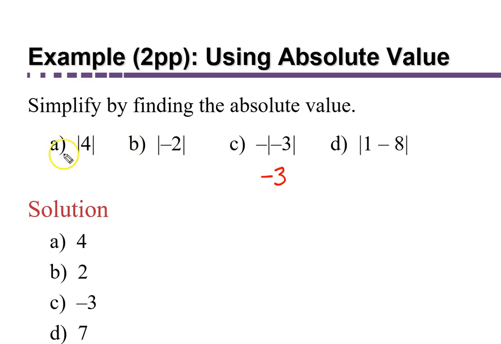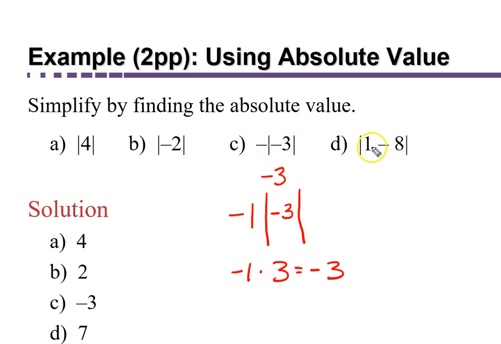Now over here, these were positive. You can think of this as somewhat being like a negative 1 times the absolute value of a negative 3. So the absolute value of negative 3 is 3, and then you're timesing it by a negative 1, so this gives you a negative 3. Students have a problem with this from time to time.